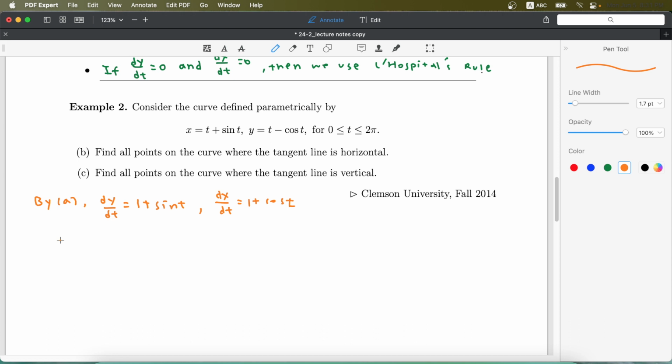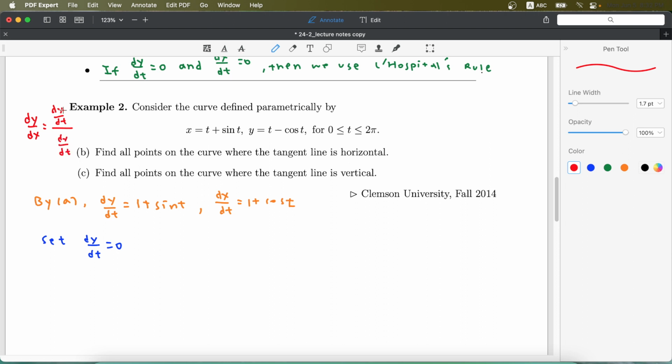Right here, we will set dy over dt equals 0, because I want to know when my numerator is 0. Recall that dy over dx is dy over dt over dx over dt.